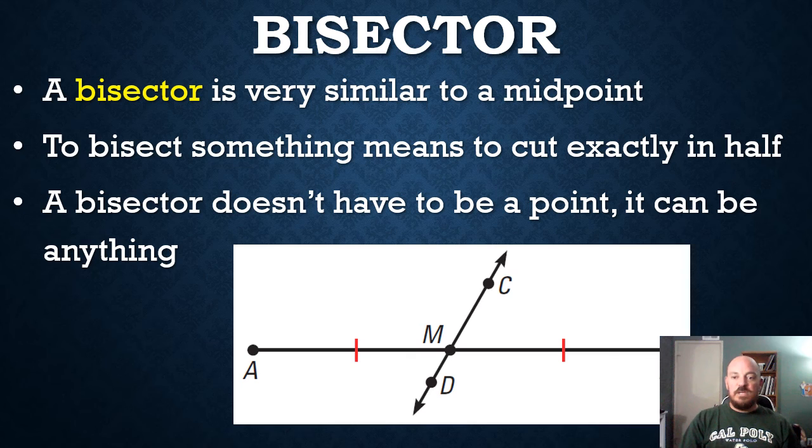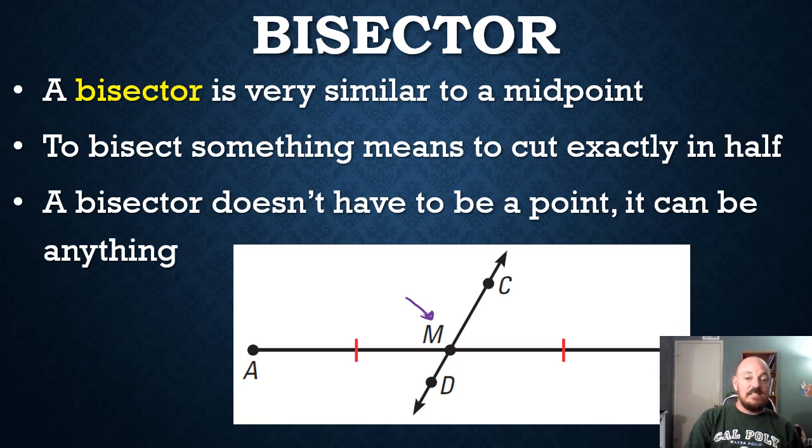So here we have this picture. We had line segment AB. Now it does have a midpoint. It has midpoint M. This is the midpoint right here. But see how that line CD goes through the midpoint? Line CD is what we call a bisector because it bisects or cuts in half line segment AB.